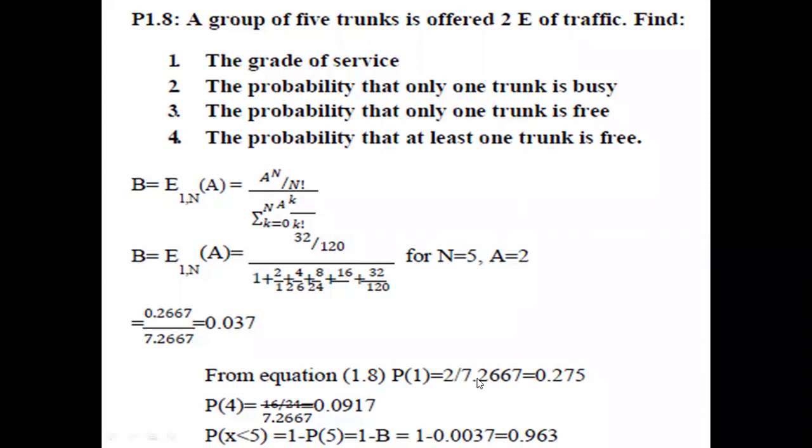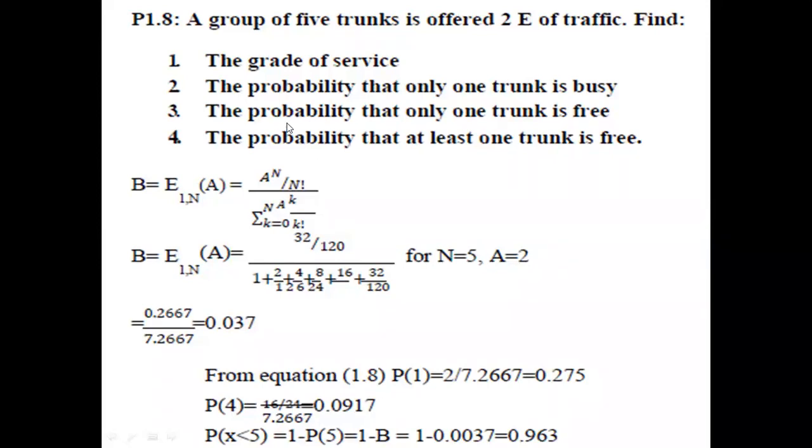So in this case, N is 1. We plug in the value 1 for N, A remains the same, and expanding the same equation results in 0.275, which is the probability that only one trunk is busy.